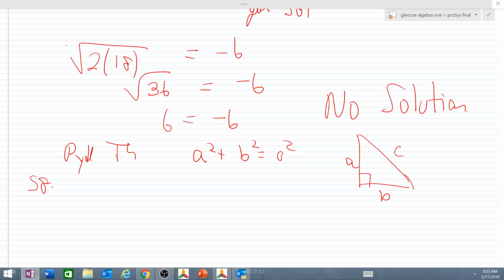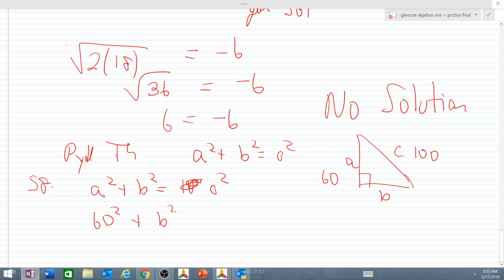If given 2 sides, you should find the missing side. So in this one, we're given A is 60 and side C is 100. So you plug it in. I know there's something else I left off, so stay with me. So it would be 60 squared plus b squared equals 100 squared.